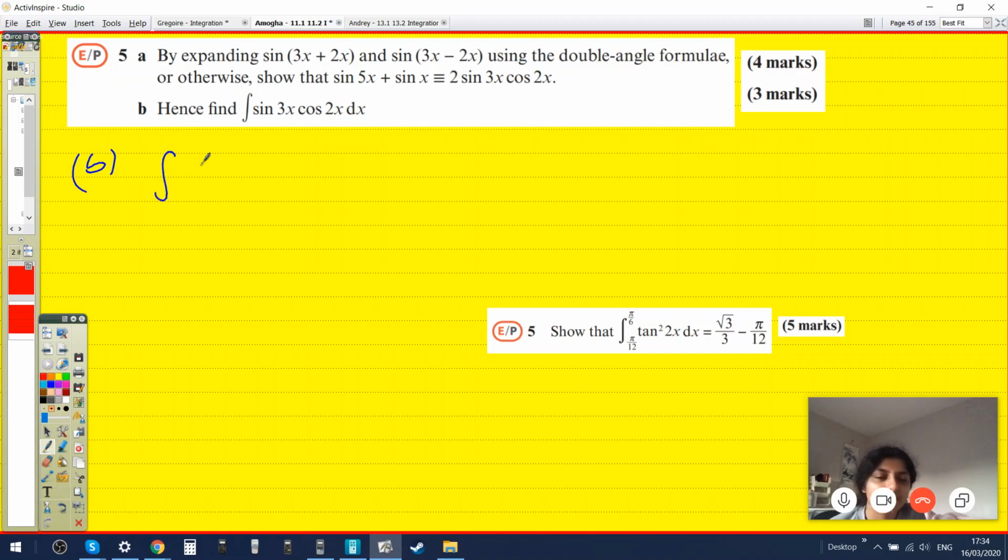Okay, and sine 3x cos x, so that is a half sine 5x plus a half sine x.